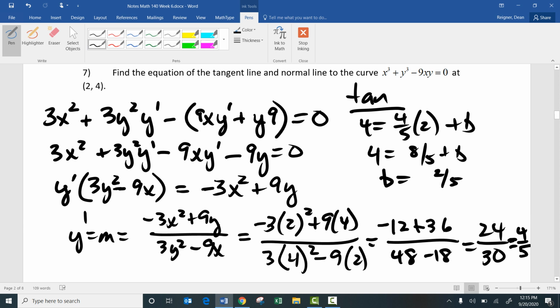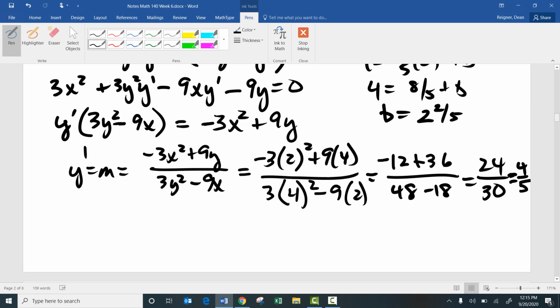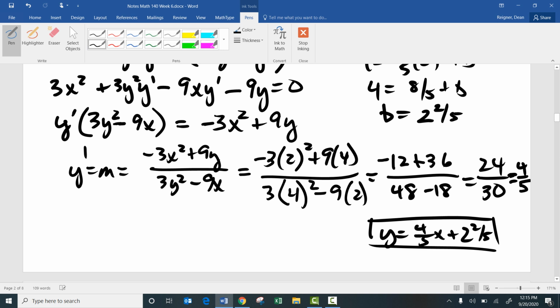Okay. So then the equation of our tangent line is y equals 4/5 x, and then our b is 2 2/5. The normal line we'll do down here. The normal line is going to have a perpendicular slope. So you use the same y and the x. So the y guy is 4. Our slope is -5/4.